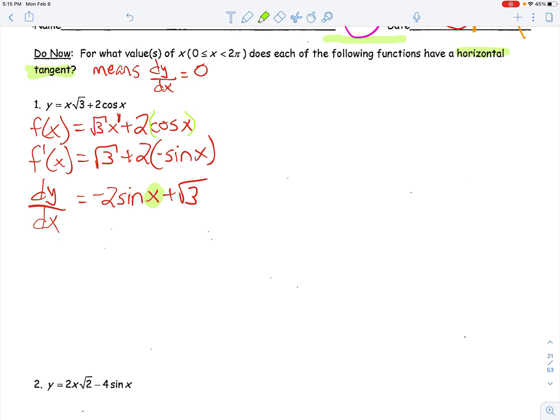So remember, what we're looking to do here is find the value or values of x that will produce a horizontal tangent line, meaning slope of 0. We're finding x. We know the slope is 0.